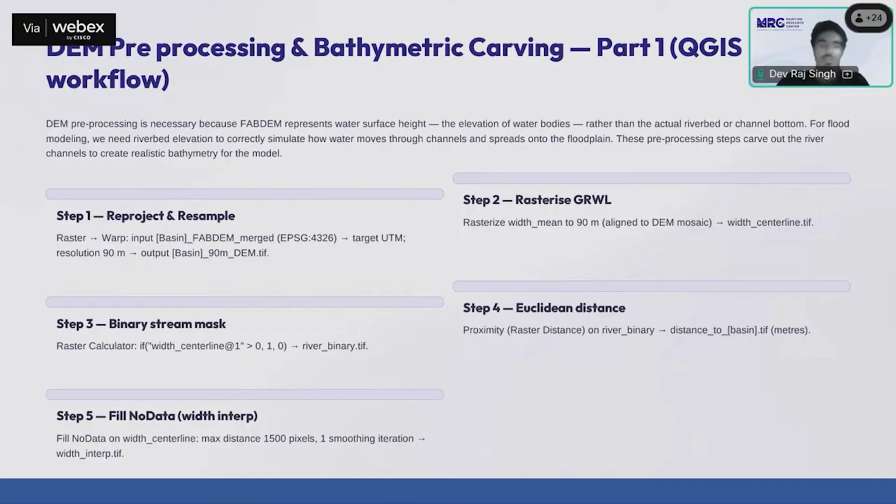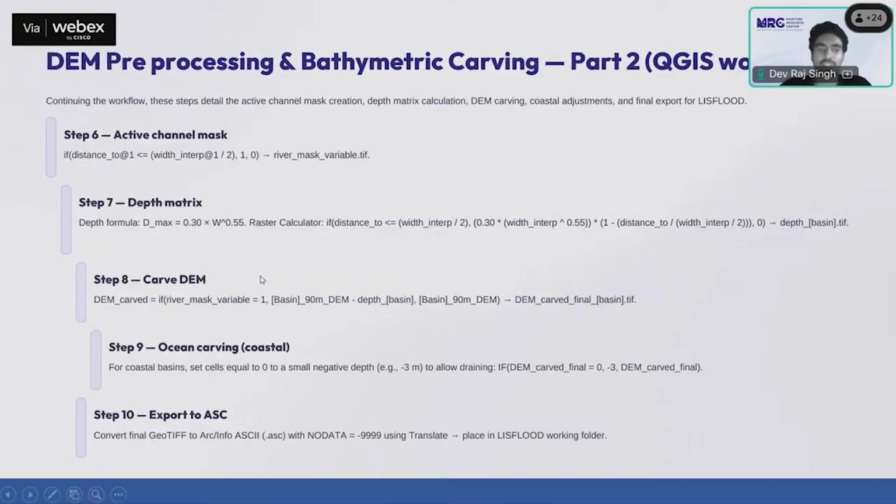So to go about this problem, we need to carve out our existing digital elevation model to get the right depth. Now we can't get the precise depth, but there are a few research papers available that give us some formulas that relate the width and the depth of the river. So using the width data set that we already have, we calculate the depth of our river and then carve it out of the digital elevation model to get the final bathymetry.